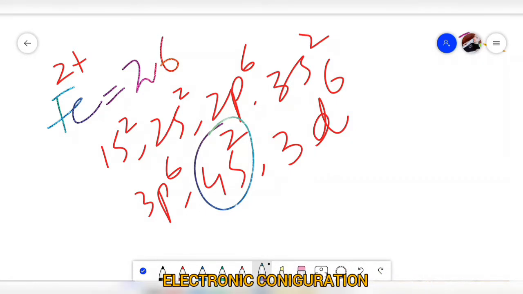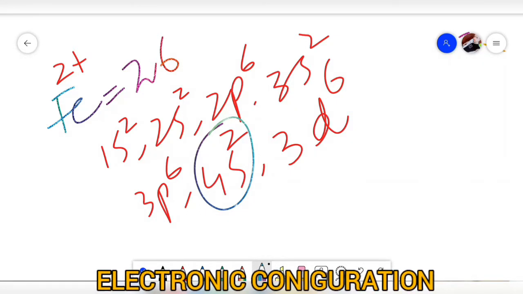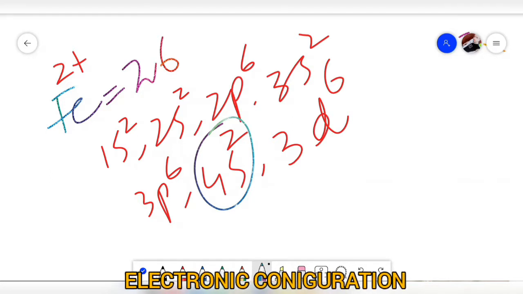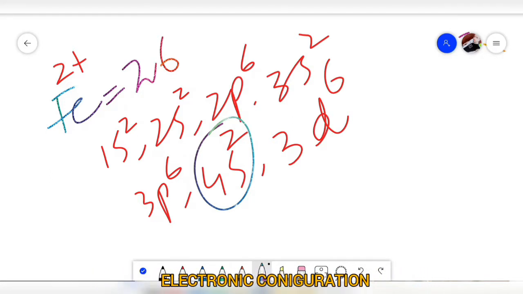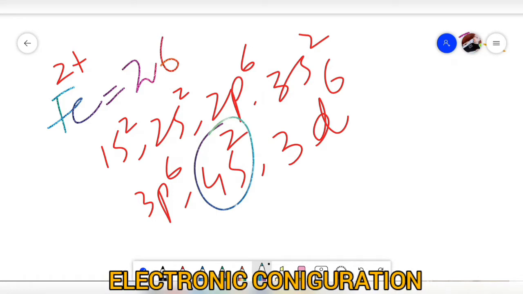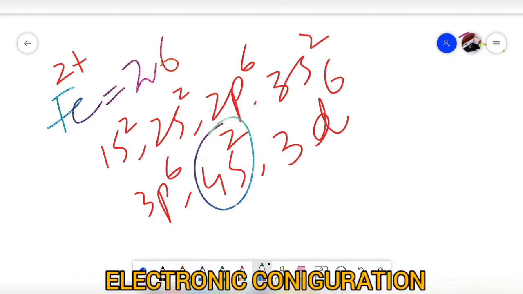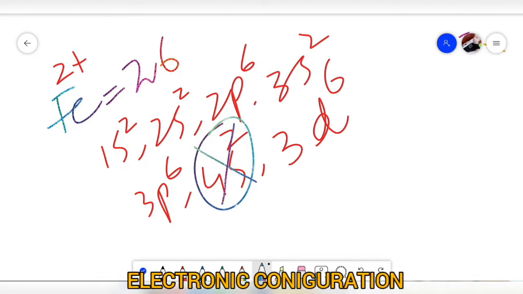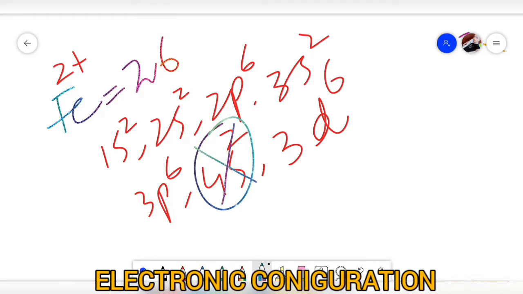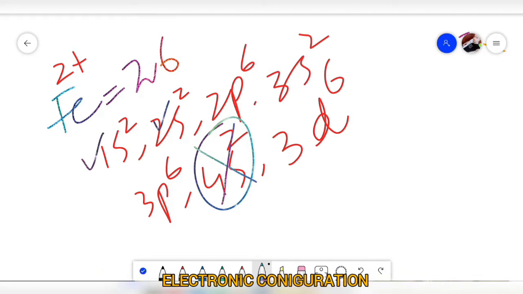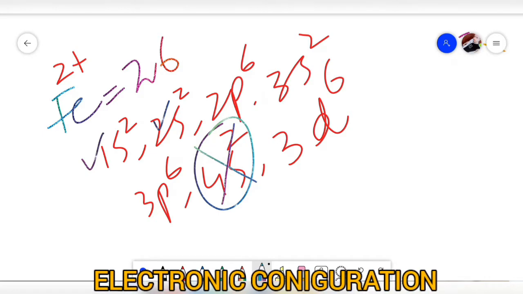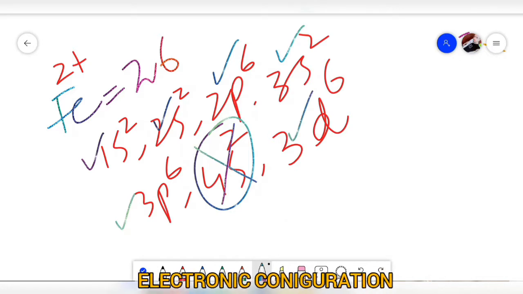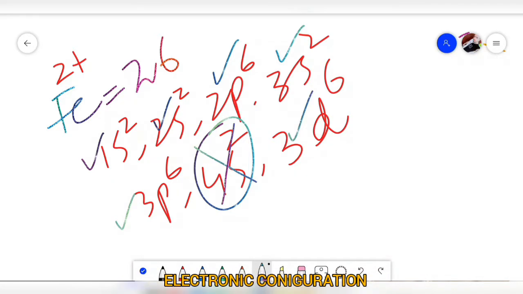So you have to start with 4s to eliminate the electron. So I'm eliminating 2 electrons because it's 2 plus. If you eliminate 2 electrons, what is left with you? The configuration for Fe2 plus is now 1s2, 2s2, 2p6, 3s2, 3p6 and 3d6. Are we clear with this?